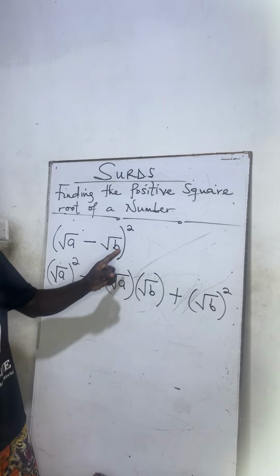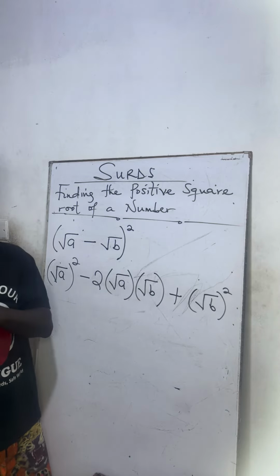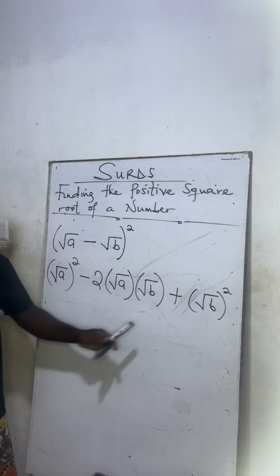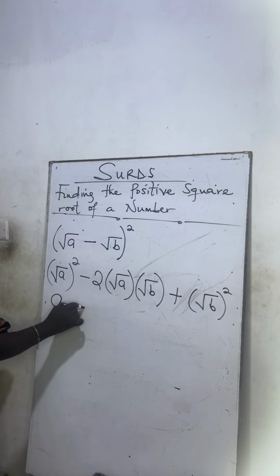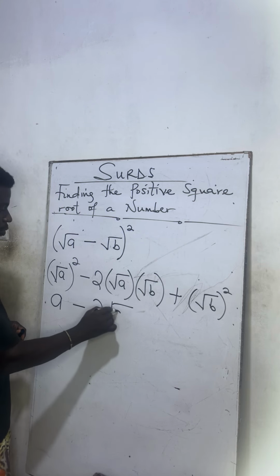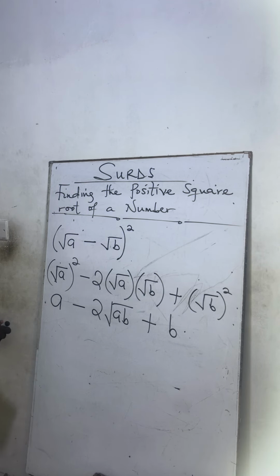And don't forget that the square will take the negative away. Negative 1 all squared is positive 1, so that's why we didn't write it. So now here we have a minus 2 times square root of ab plus b.